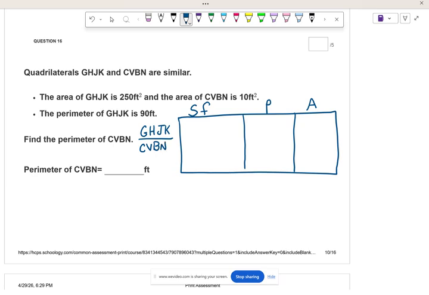Okay, the area of GHJK, that should go up top, is 250 feet squared. Area should go out here in this last box, 250. All right, the area of CVBN, that would be the bottom number, is 10.